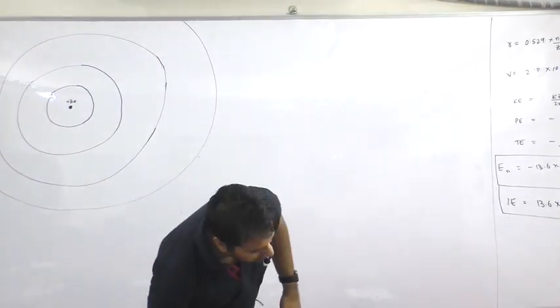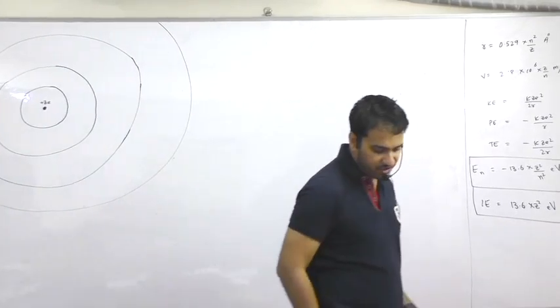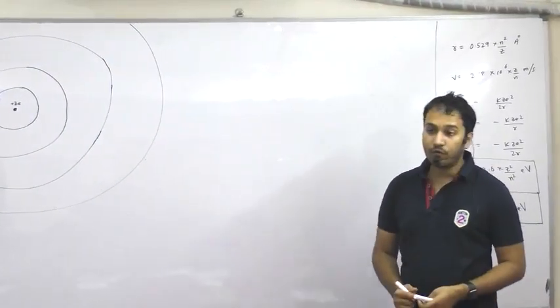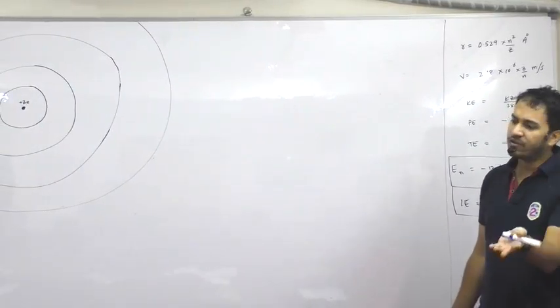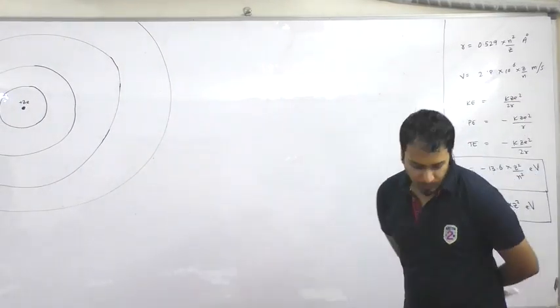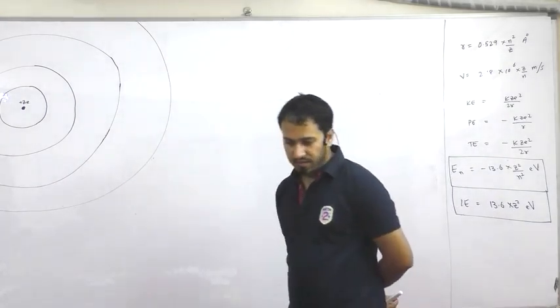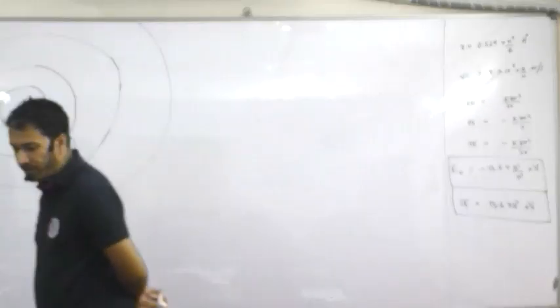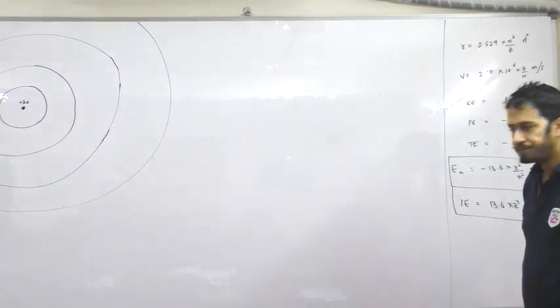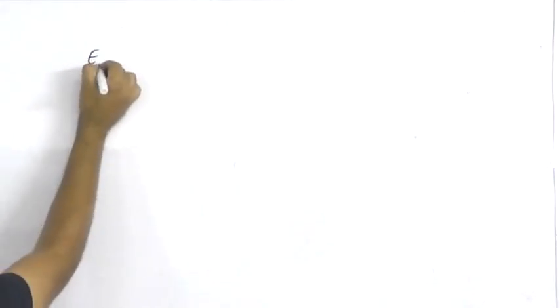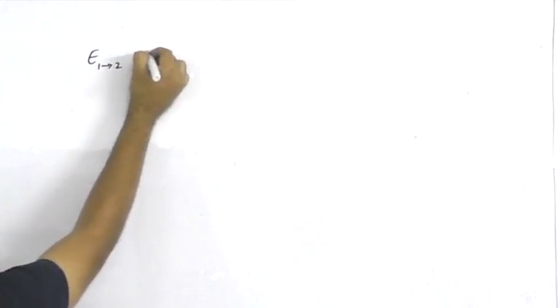The question says that the first excitation potential is 40.8 volts, which means the first excitation energy will be how much? 40.8 electron volts. If the first excitation potential is 40.8 volts, the first excitation energy will be 40.8 electron volts. The first excitation energy means energy required to take the electron from 1 to 2.